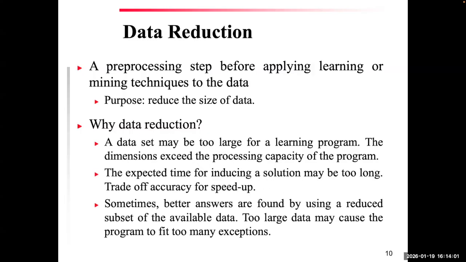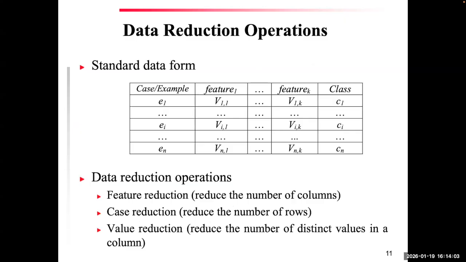I'm going to provide more examples later, but for now, let's say you have this data. We talked about feature reduction, case reduction, and value reduction. The first one focuses on the features, that is, the number of columns.